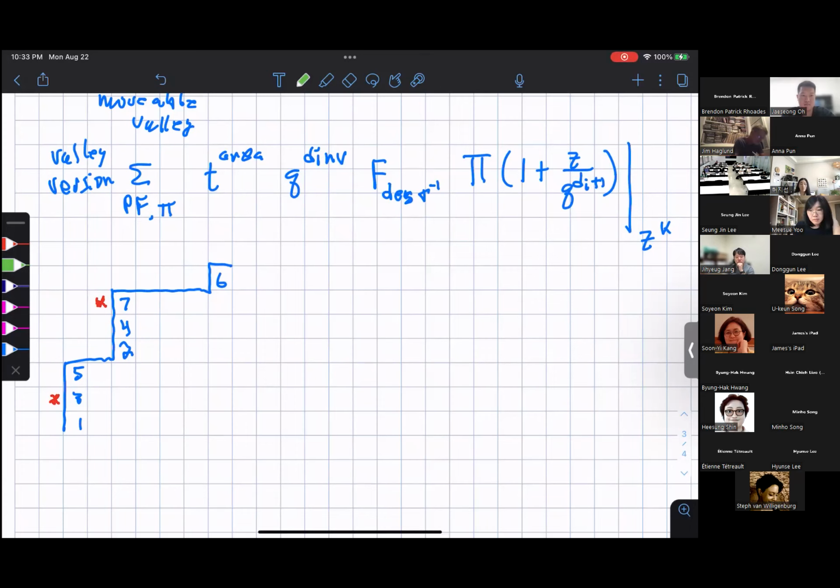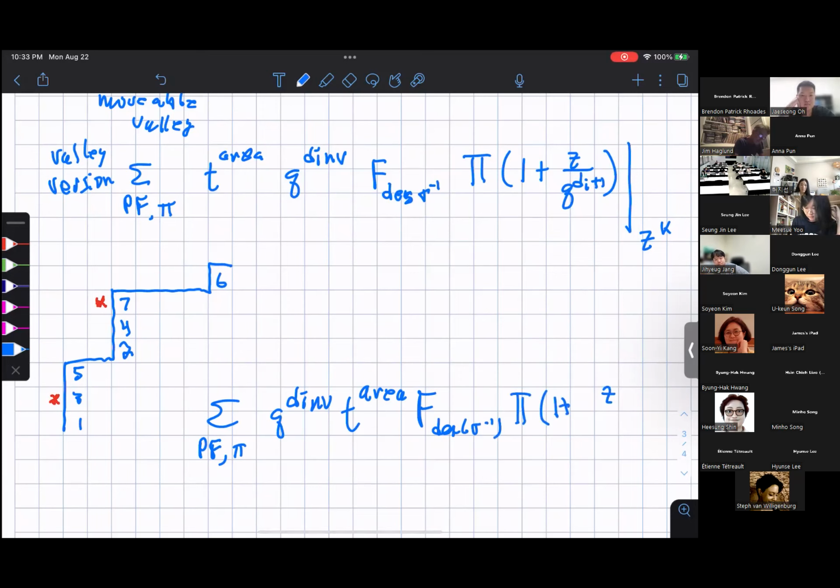And then I take the summation over PF and all paths pi, q to the dim, t to the area, F of sigma inverse, and then a product of 1 plus z over t to the a sub i plus 1.